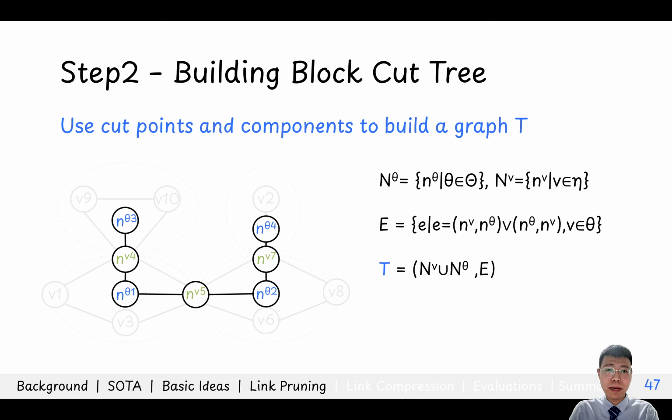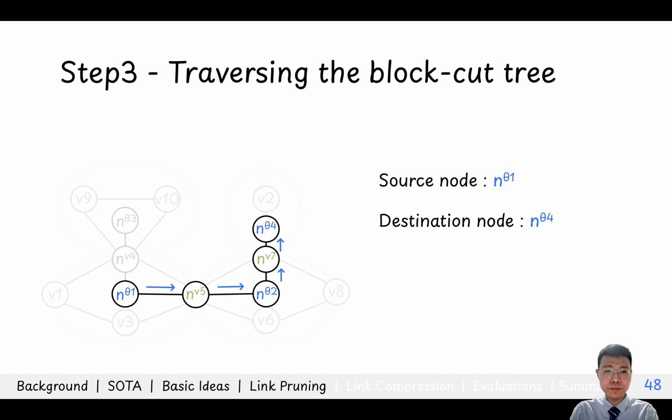Then, link pruning maps cut points and components into new nodes, and it uses cut points and components to build a new graph. This graph is proved to be a tree structure. Then, link pruning traverses the tree to identify all feasible paths.